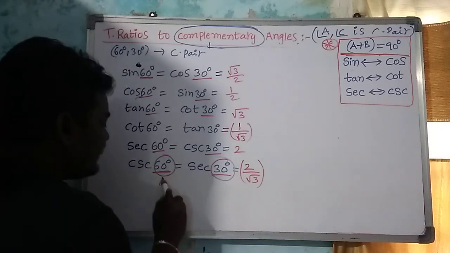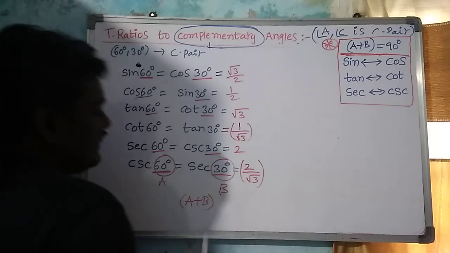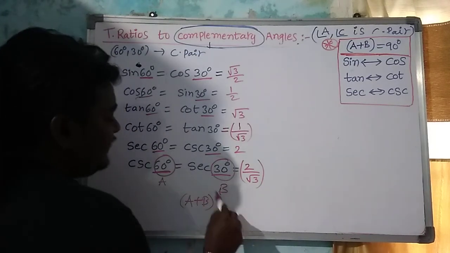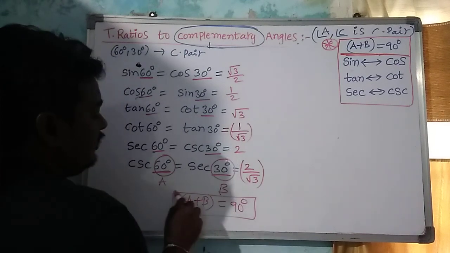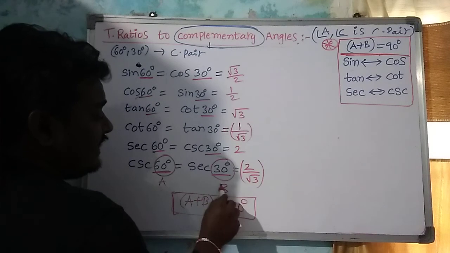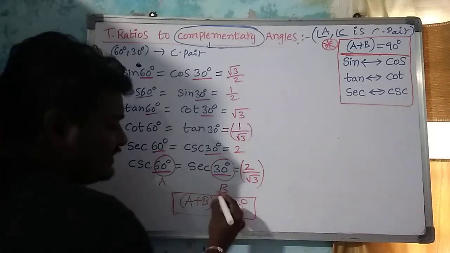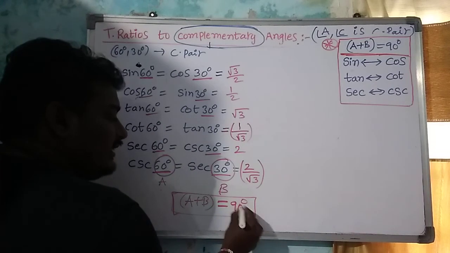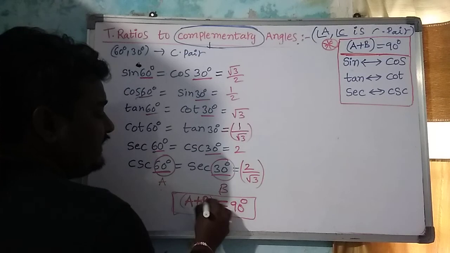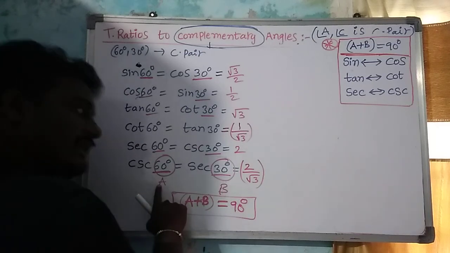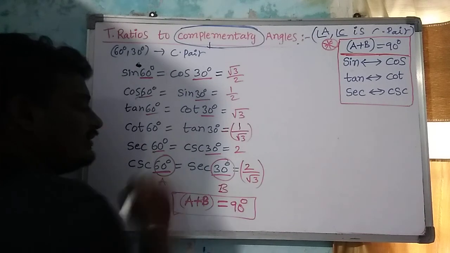That means if it is A and B, A plus B should be 90. We have to write in the manner of A plus B equal to 90. That's it.